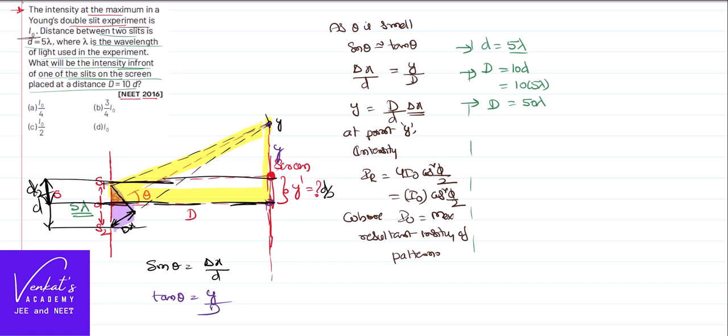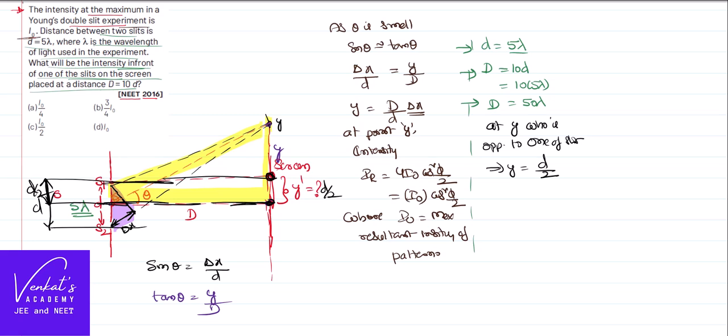This y dash is d by 2. He is asking at a point y which is opposite to one of the slits, means your y equal to d by 2. That is what is being given for us in the problem, right.